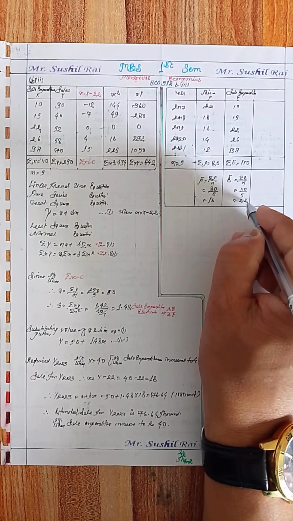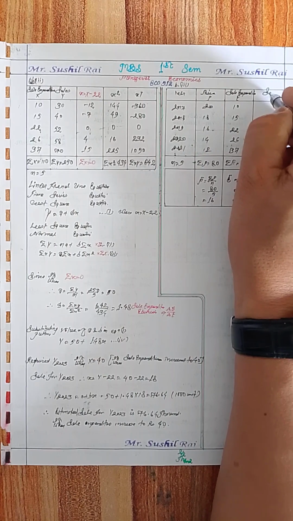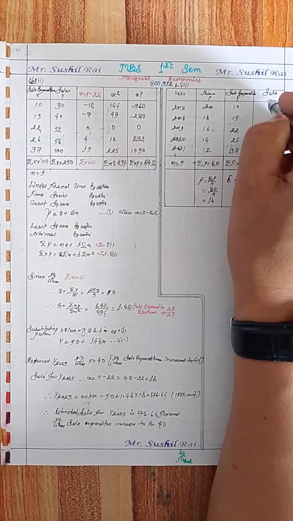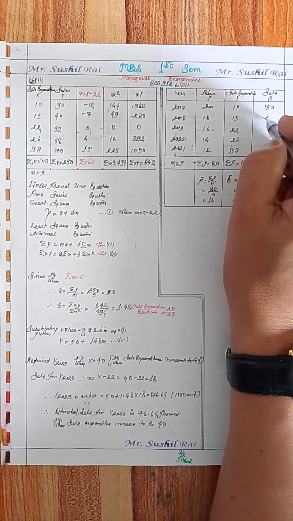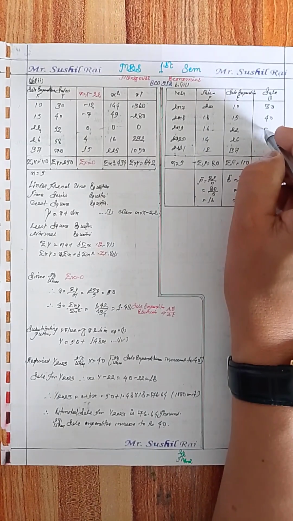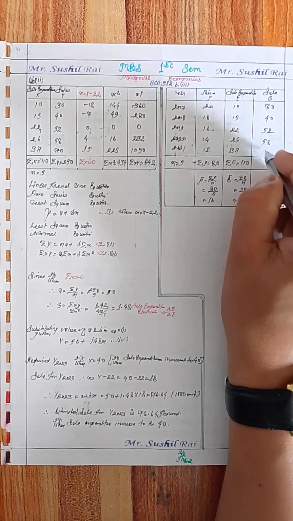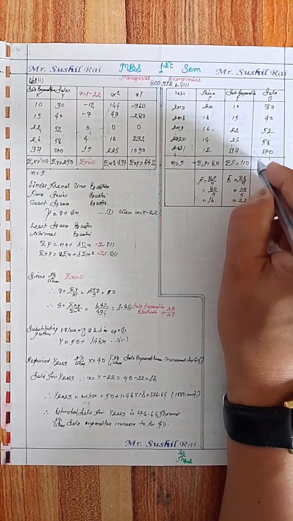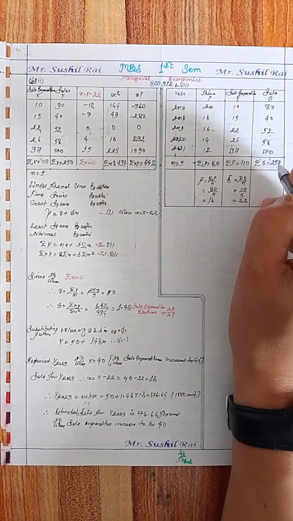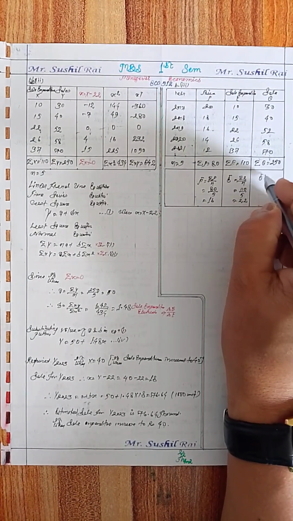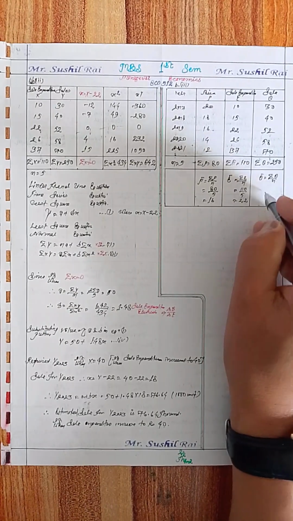Sales Q: 30, 40, 52, 58, 70. Summation Q is equal to 250. Q bar is equal to summation Q by N, 250 by 5, is equal to 50.